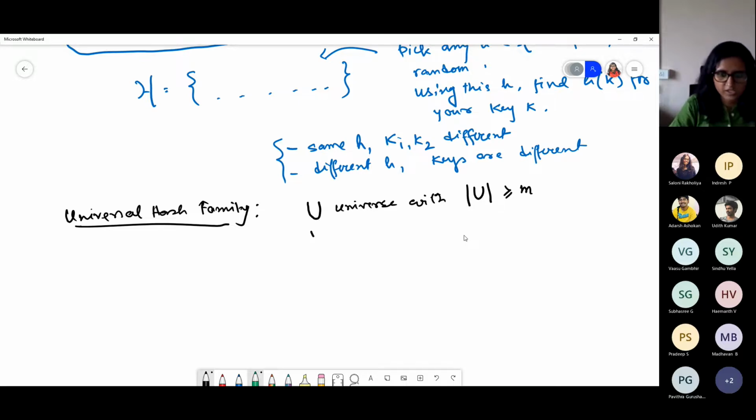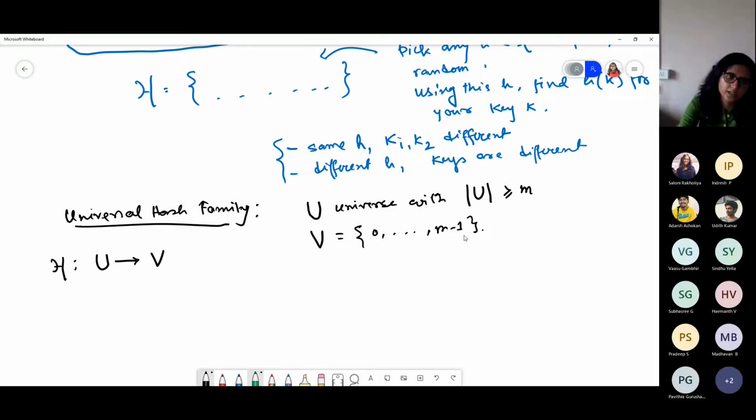And I have V, which is the set 0 to m minus 1. Now this family of hash functions H is from U to V. This family is called k-universal.